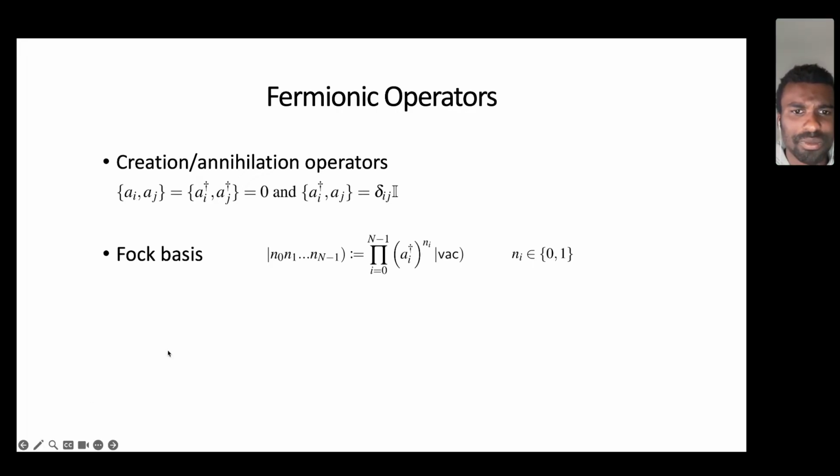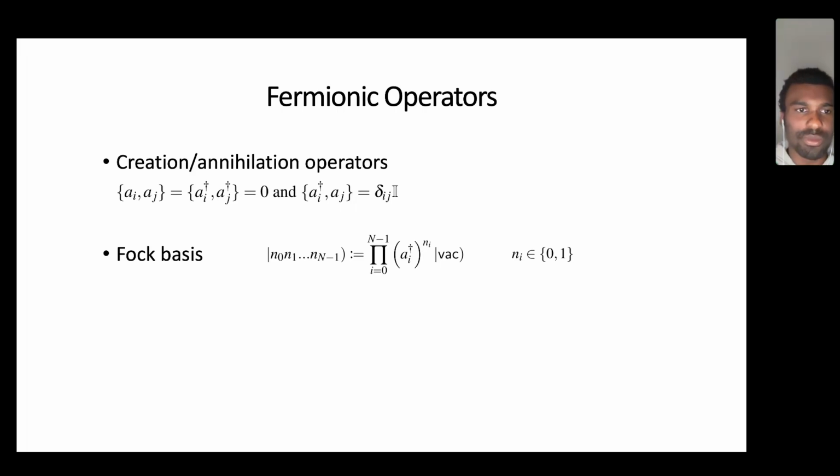So the fermionic state space is spanned by these things, which I call curly kets, because this bracket is curly, to distinguish it from qubit states. It's a basis of bit strings, much like the computational basis of qubits, where if ni equals 1, what that means is that there is a fermion in the ith spot.